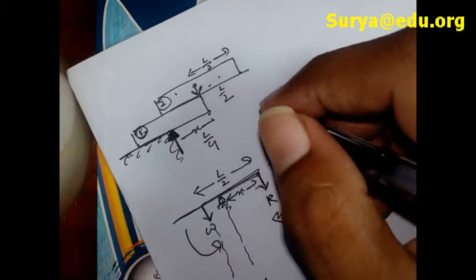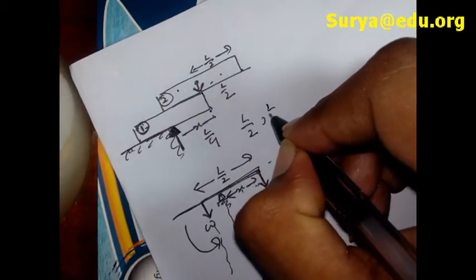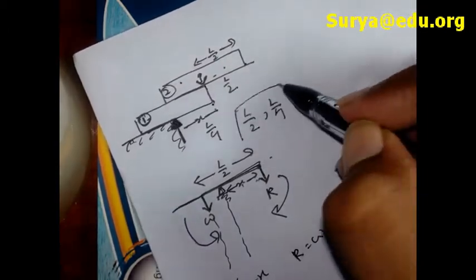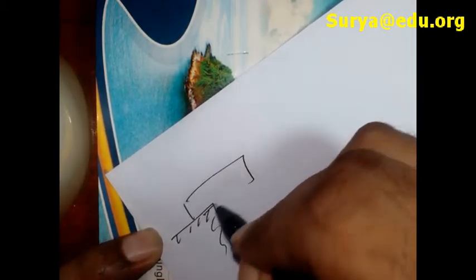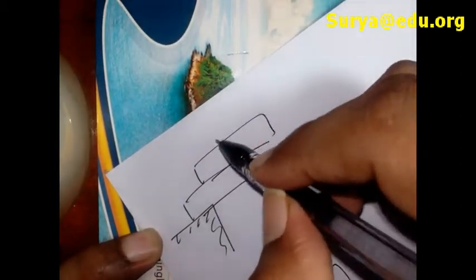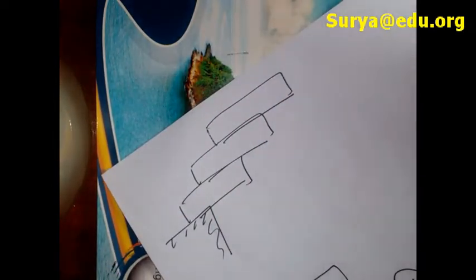So the respective answer is L by 2 and L by 4. Now it's very easy. Even if I give the same problem by increasing the number of blocks, no problem, right? You can even do these kinds of problems now, because now you have the logic, now you have the theory.